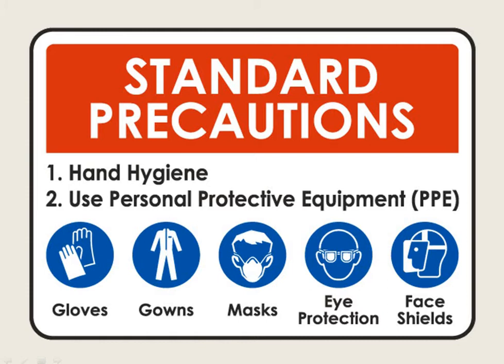We have in PPE gloves, gowns, masks, eye protection and face protection kits. We have to work in them so that we can protect ourselves and at the same time treat the needy.